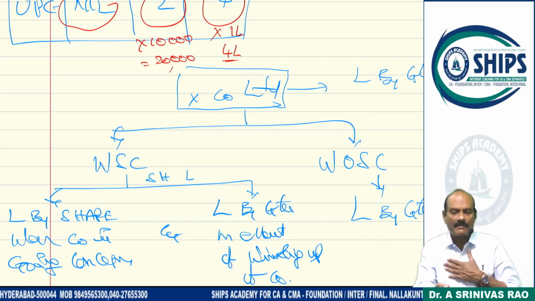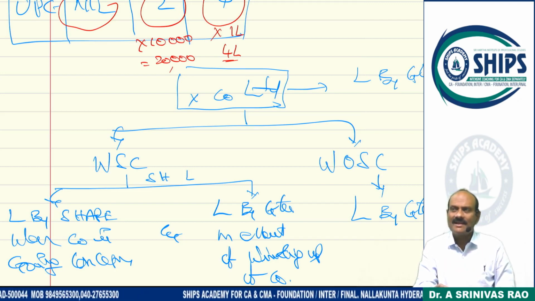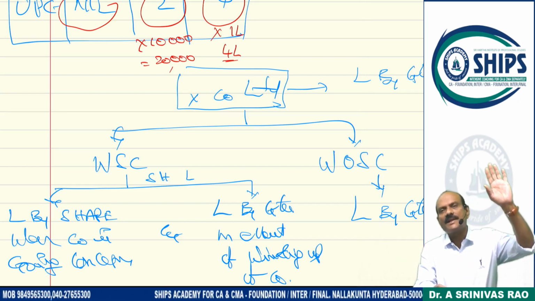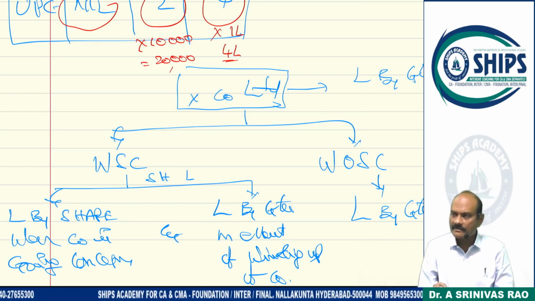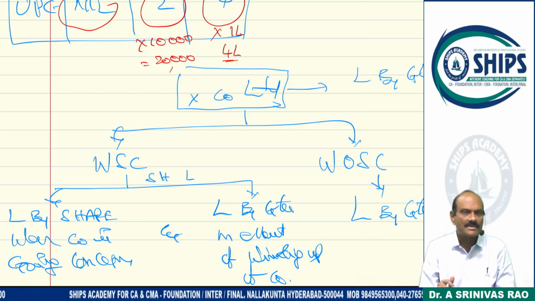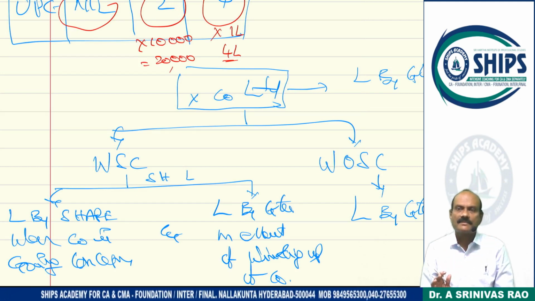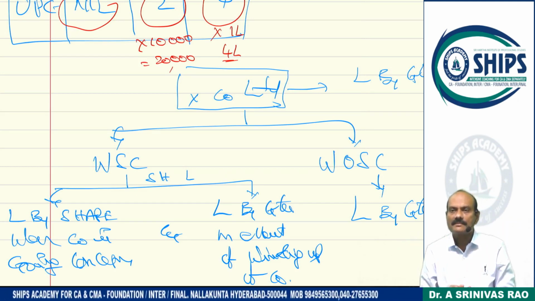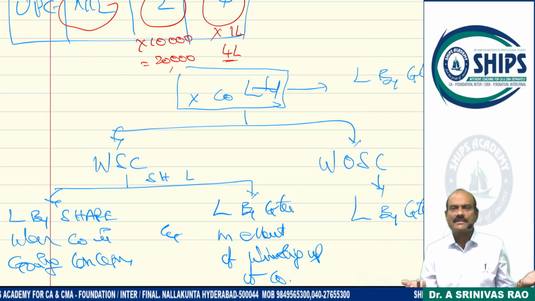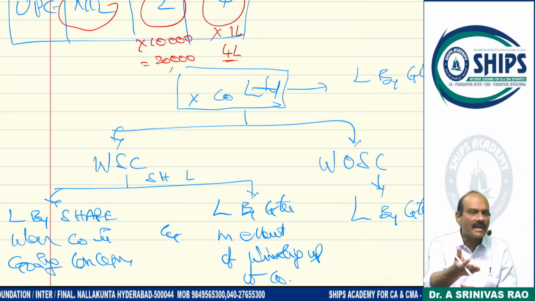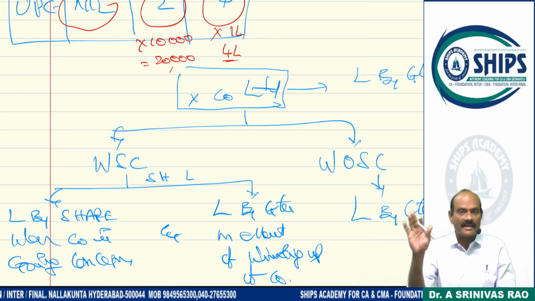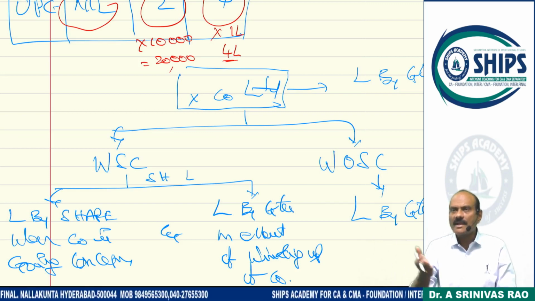When I become a member of a company, I said, if any liability arises, I will pay 10,000. He said, I will pay 1 lakh. He said, I will pay 5 lakhs. He said, I will pay 10 lakhs. Company closed. What is my liability? 10,000, because I gave a guarantee for 10,000. 1 lakh, 5 lakhs, and 10 lakhs. Amount of guarantee given.